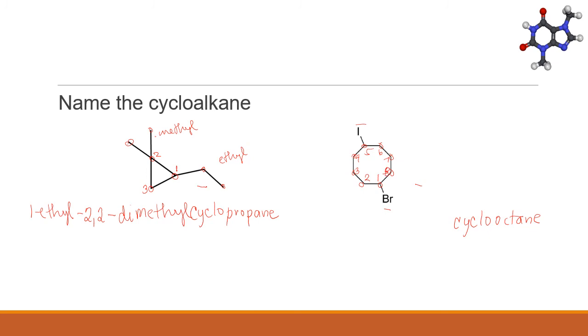So bromine is written first with the carbon number indicated, and iodine is written next. So this structure is called 1-bromo-5-iodo-cyclooctane.